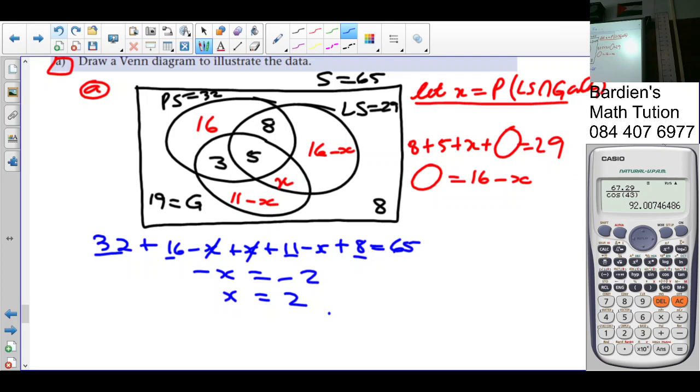So what can happen now? My Venn diagram will change. So I have the values now of x. So what will it be? 11 minus 2 is what? 9.